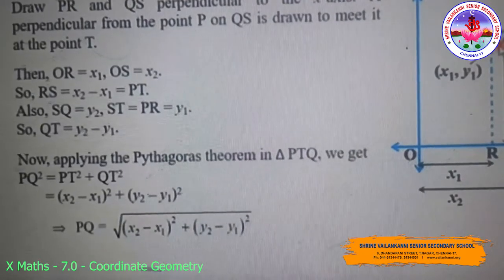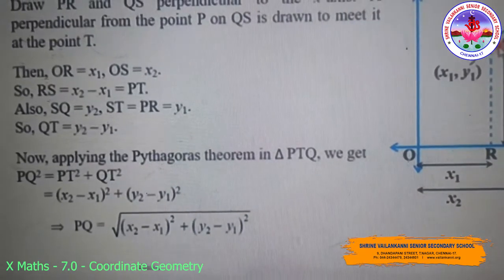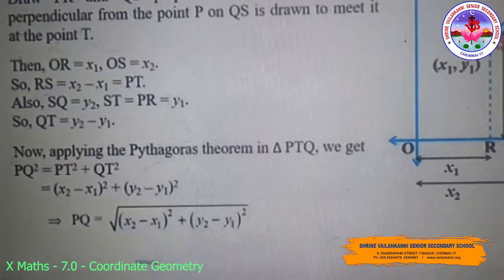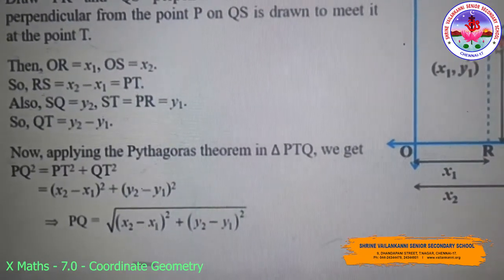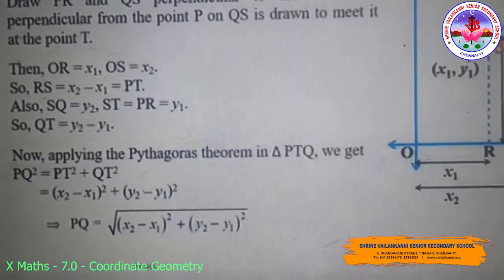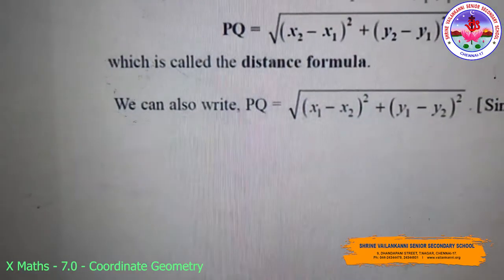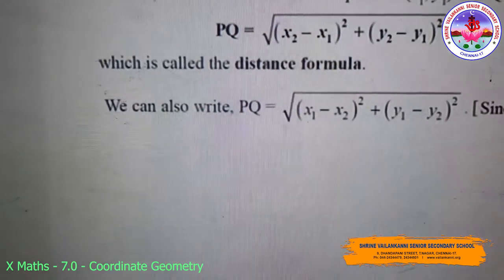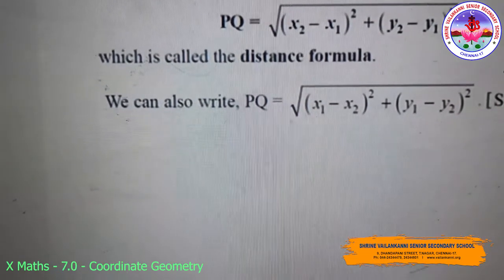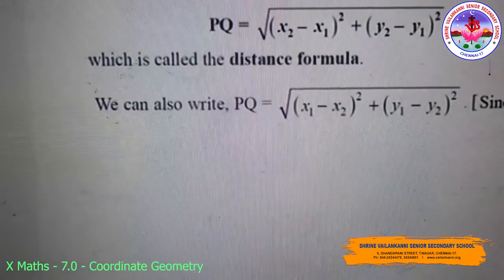Substituting here, I get x2 minus x1 the whole square plus y2 minus y1 the whole square, which is equal to PQ square. So PQ is equal to the square root of x2 minus x1 the whole square plus y2 minus y1 the whole square. This is the distance formula. It can otherwise be written as the square root of x1 minus x2 the whole square plus y1 minus y2 the whole square.